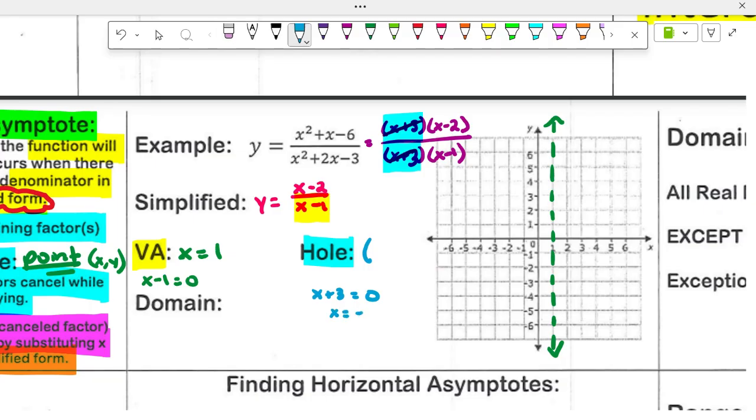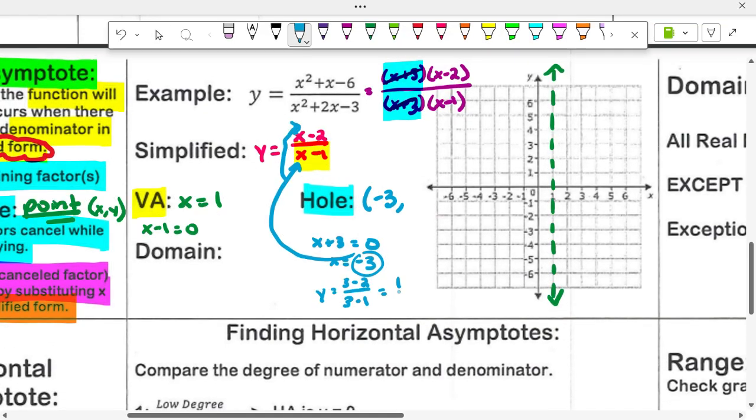X equals negative 3. If you solve for x, you get negative 3. That's the x value of my hole. Now, I'm going to take this negative 3 and plug it in for both of these x's in the simplified version to get my y. So y is equal to negative 3 minus 2 over negative 3 minus 1. So what's negative 3 minus 2? Negative 5. What's negative 3 minus 1? Negative 4. So the hole's at the point negative 3, 5/4.